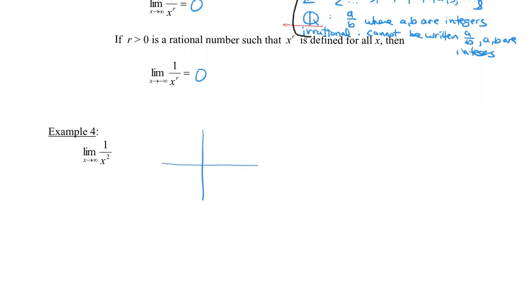If you were to graph that function, it goes something like this. Of course, there are no negatives because we're going to square these numbers. And you can see that as x goes off to infinity, the function itself goes to 0. The limit of this is equal to 0, and that agrees with the theorem above.